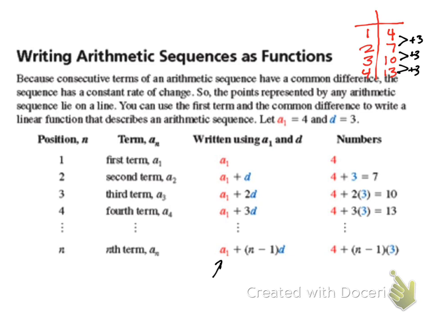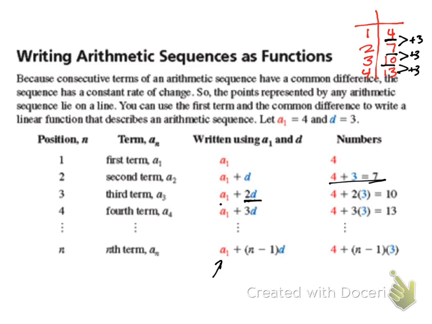The second term, isn't it the first term plus the common difference? Right? Plus 3. So it's 4 plus 3. One common difference here, the second term. Isn't the third term the first term plus 3 plus 3? Right? So 2 differences. Do you understand that so far?